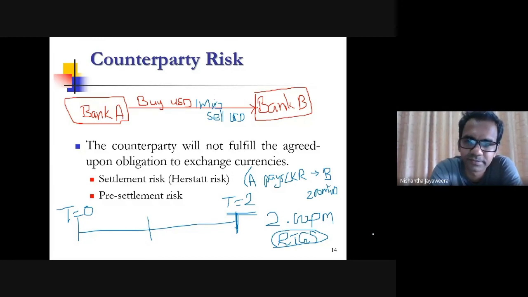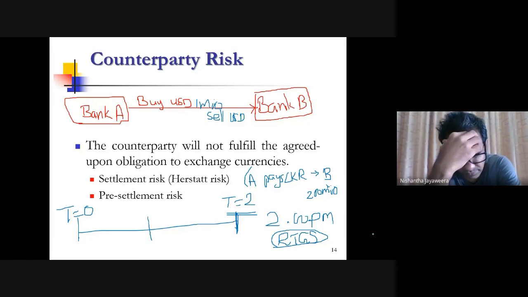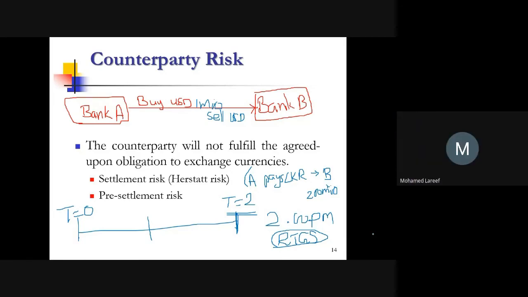That's done. But how does Bank B pay $1 million to Bank A? Using your Nostro account.